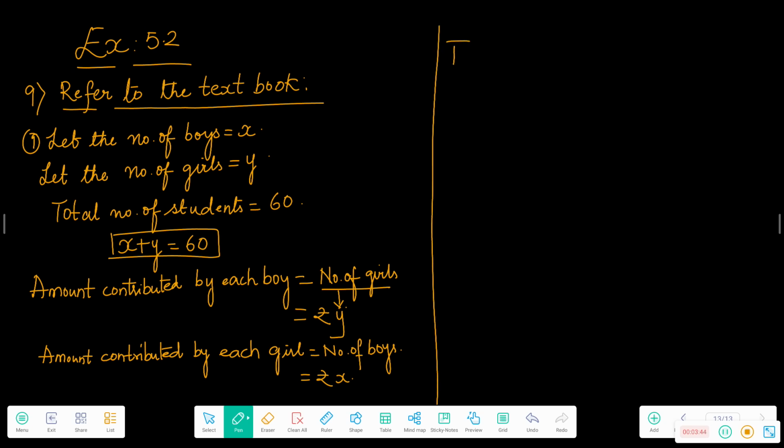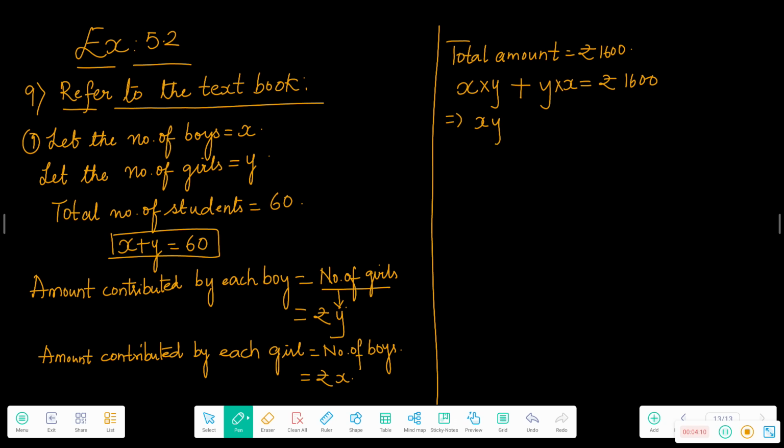So the total amount is rupees 1600. That is, the number of boys into their contribution plus the number of girls with their contribution is equal to rupees 1600.